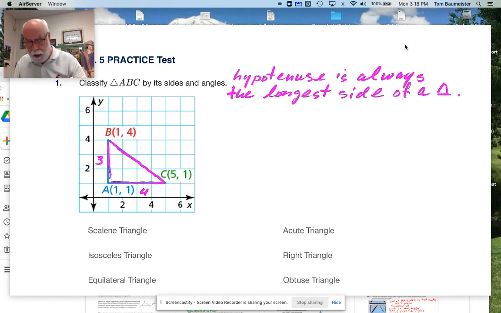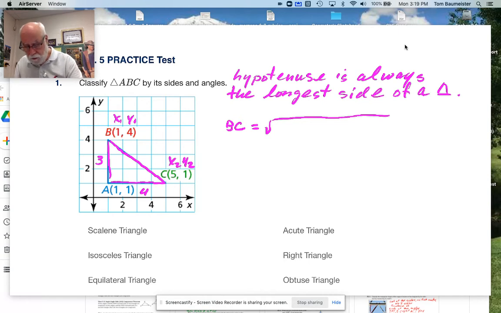But again, just in case you weren't sure, remember we can say that the length of BC is equal to, let's call this one x1, y1, this one x2, y2.